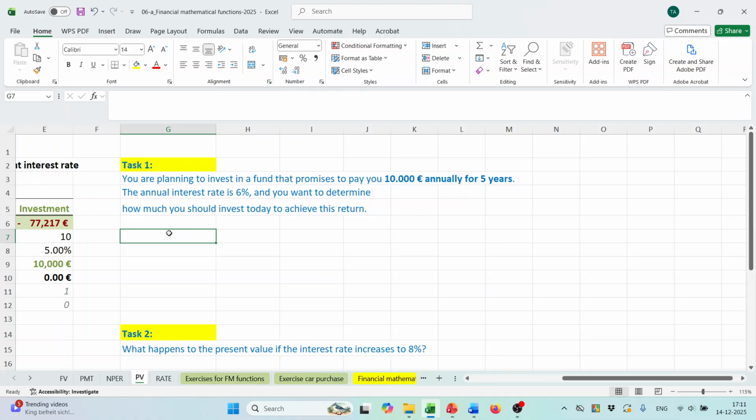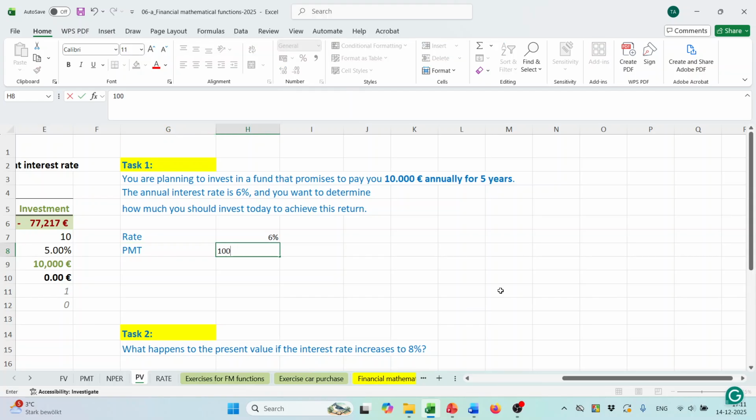But for this we need the rate, which is 6%. Let's format it as percent, 6%. Then our constant payment is 10,000 euro annually.